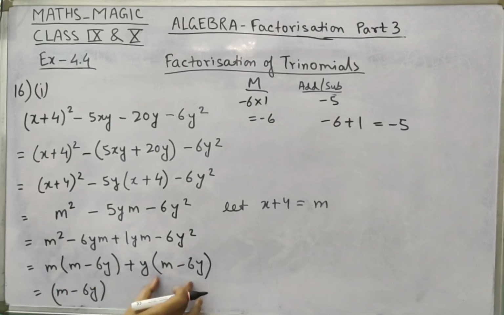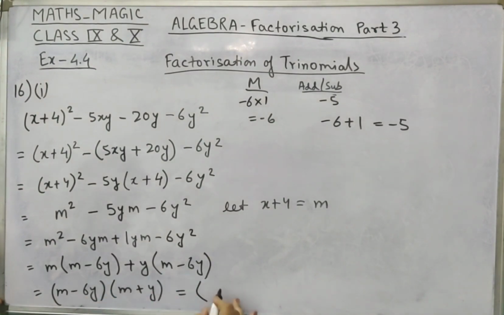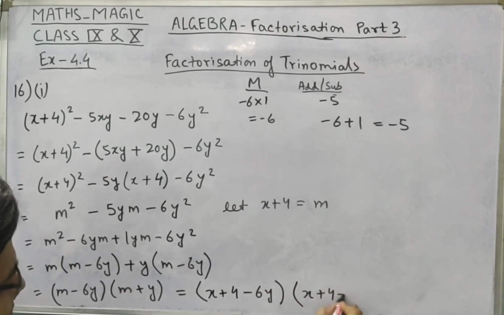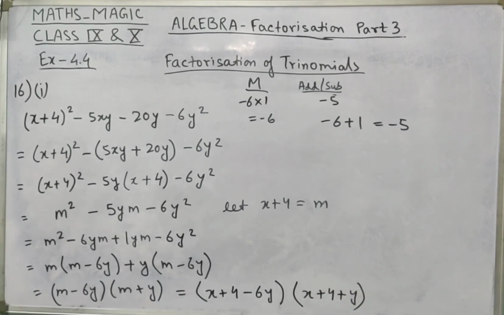Now out of these two terms, m minus 6y is common, and I am left with this. Now this is not the answer because I have replaced x plus 4 as m. So now I have to put back the value. So m is x plus 4, minus 6y, again m is x plus 4, plus y. So this is my final answer.